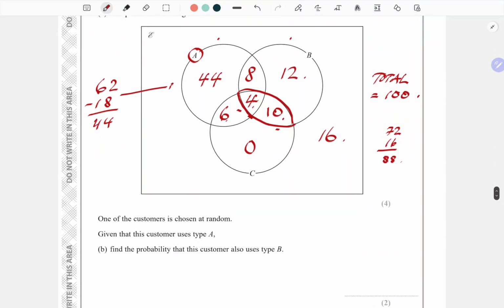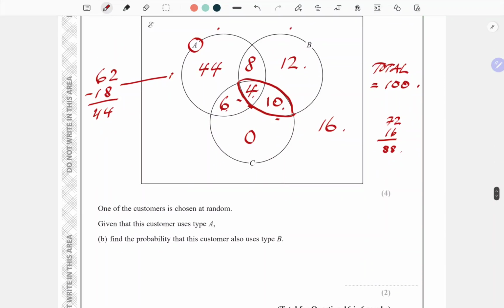The next part of the question, and I'll keep that on screen there, says one of the customers is chosen at random, given that, now this is the important bit, right? Given that this customer uses type A, all right, that means that we're already in circle A, all right?